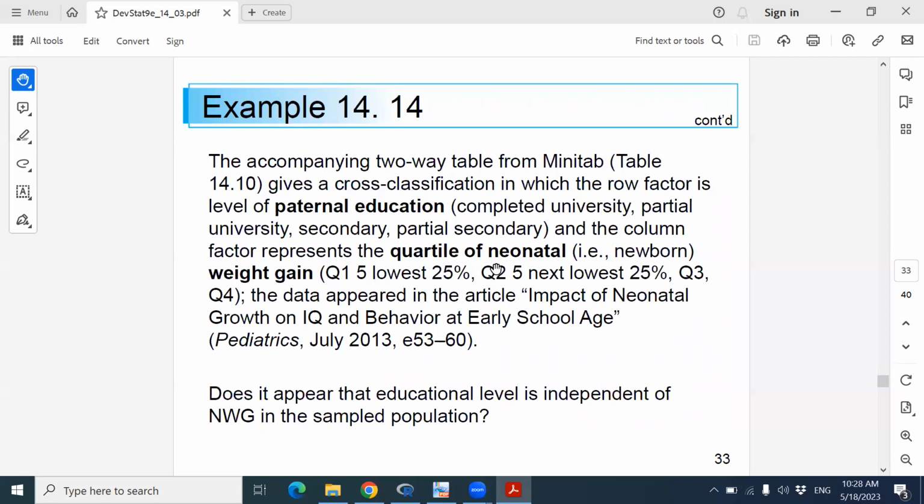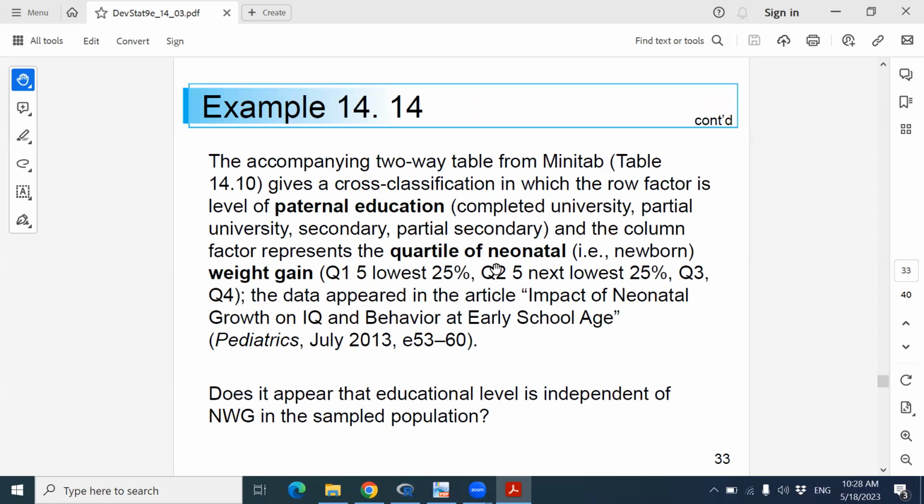Let's see an example of this. The table on the next slide gives us two factors of a population. One factor is paternal education, that is, the father's education: completed university or partial university, secondary education or partial secondary. So those are the different education levels of fathers.